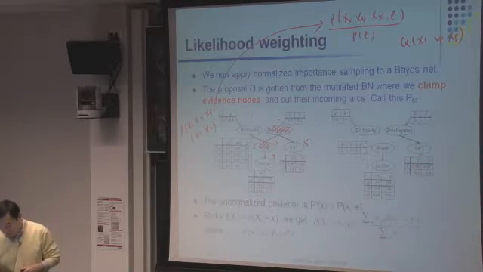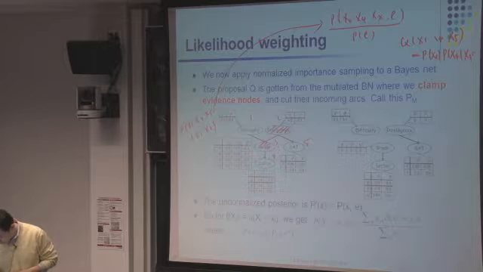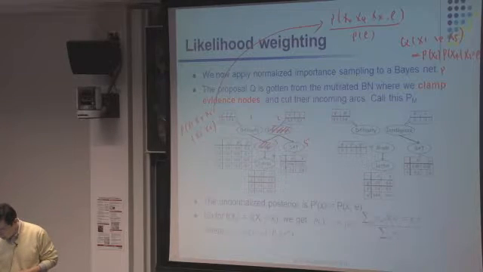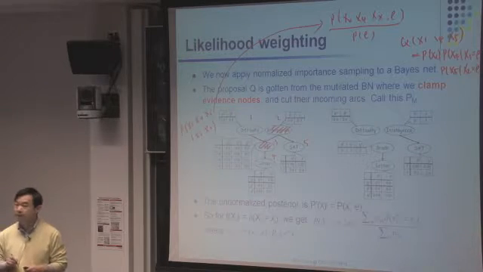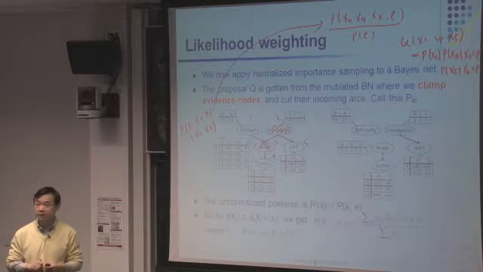So my Q distribution could simply be P of x1 times P of x4 given x3 equals evidence, and times P of x5 given x2 equals evidence. And that's basically my Q distribution.